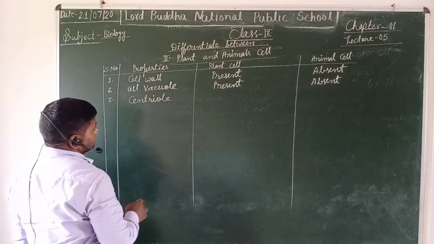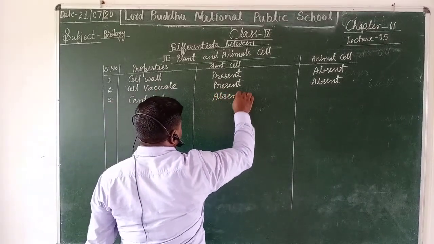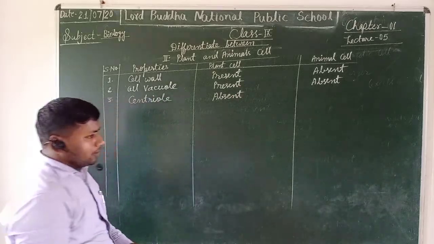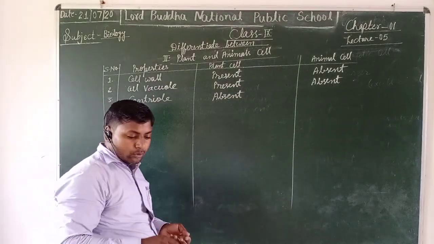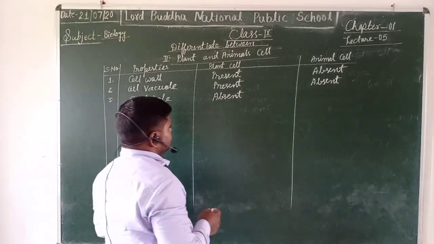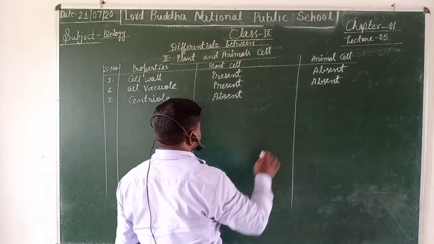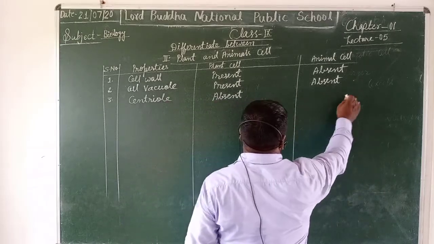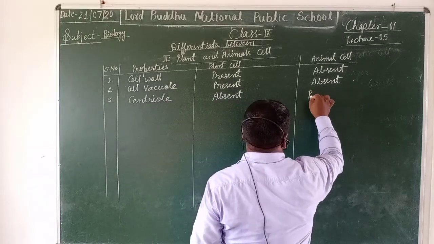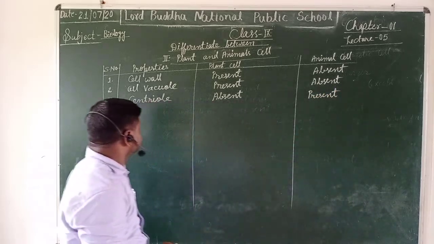Next, centriole, absent but found in some lower categories of plants like fungi and some algae. Present in animals.